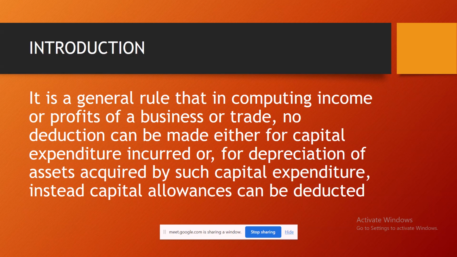Instead, the Revenue Authority replaces depreciation with capital allowances. So capital allowances are a form of relief to a taxpayer. When you talk about relief, we mean anything that reduces the tax liability or the tax burden. One of them is capital allowances, because they reduce the taxable profit. So that's what we are looking at as capital allowances.